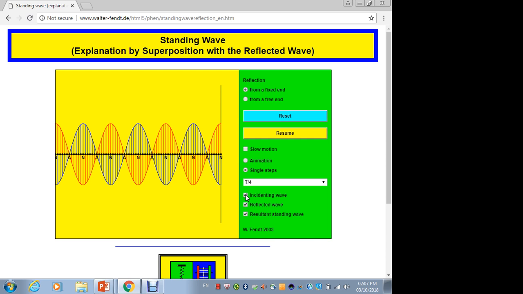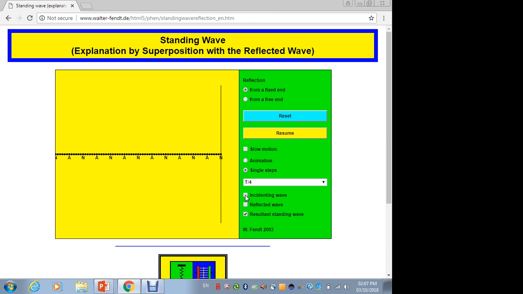That means the crest of the red wave meets the trough of the reflected wave. So if I use vector addition, the resultant will be 0. At any other position, the resultant will be 0. That is why the resultant wave is just a straight line. So that is your figure 5.